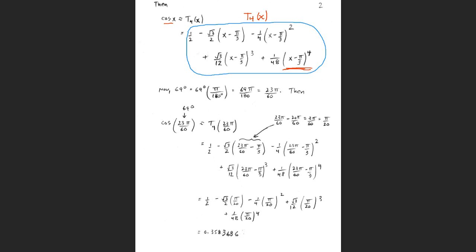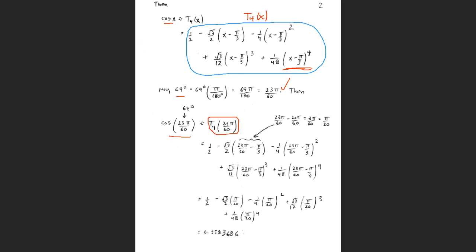But now we want to use that polynomial to estimate the cosine of 69 degrees. We already established that 69 degrees is 23 pi over 60. So if I'm going to approximate the cosine of 69 degrees, or the cosine of 23 pi over 60, I'll use the Taylor polynomial and evaluate it at 23 pi over 60.